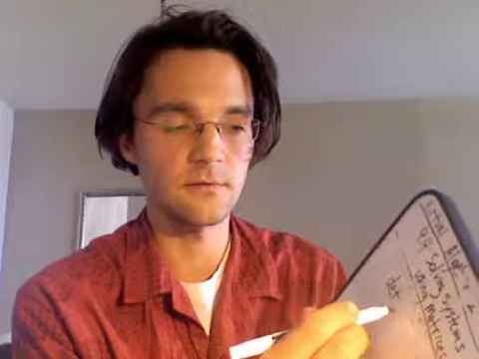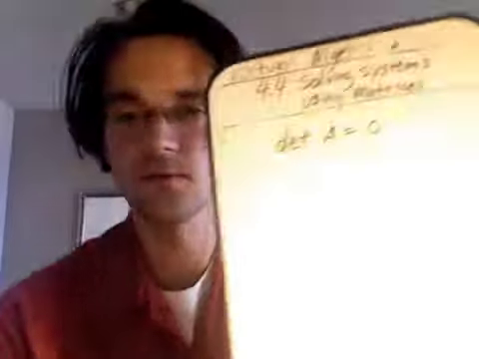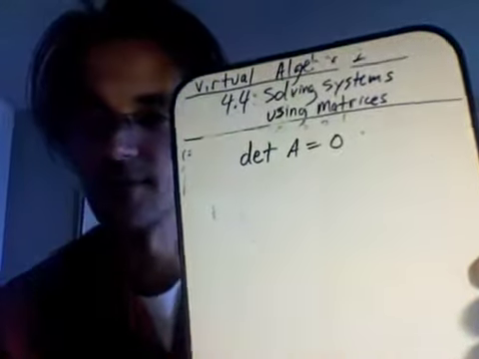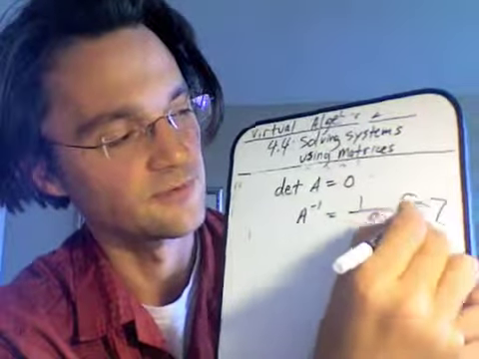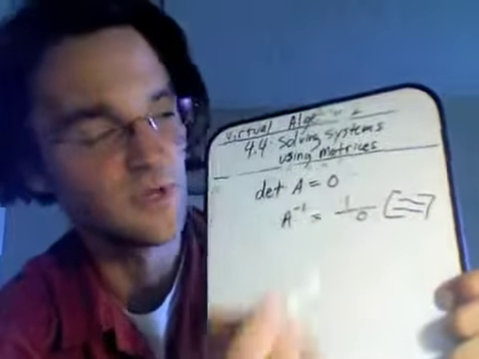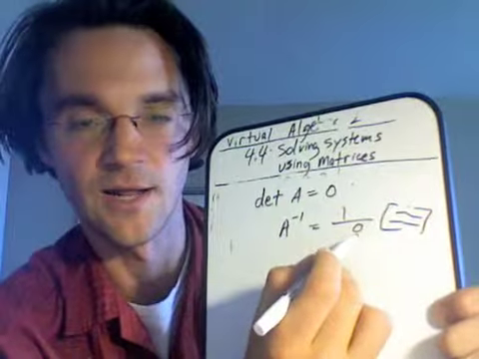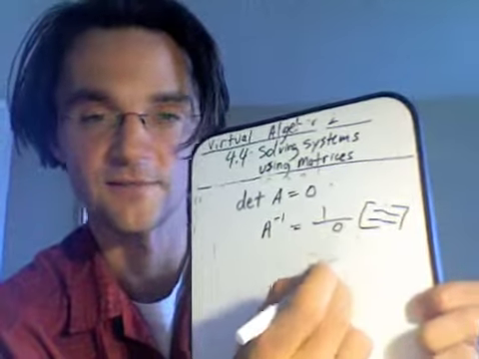Okay? Well, in matrix world, what's going to happen is that you're going to get the determinant of your matrix to be 0. Okay? If the determinant of the matrix is 0, and if the inverse is 1 over the determinant times whatever, switched around matrix numbers, this right here tells us that we're not going to get a defined answer for this inverse.